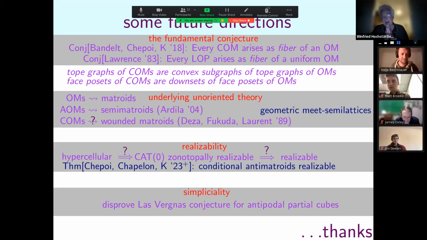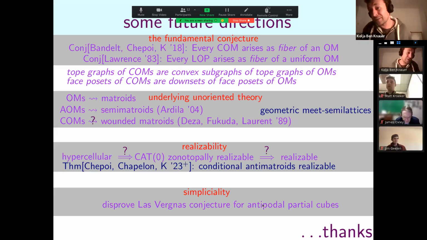So what makes you think that there might be none? No, I'm not saying that I think there are no counterexamples. What I'm saying is that I want to disprove it for antipodal partial cubes, which is a superclass of oriented matroids.